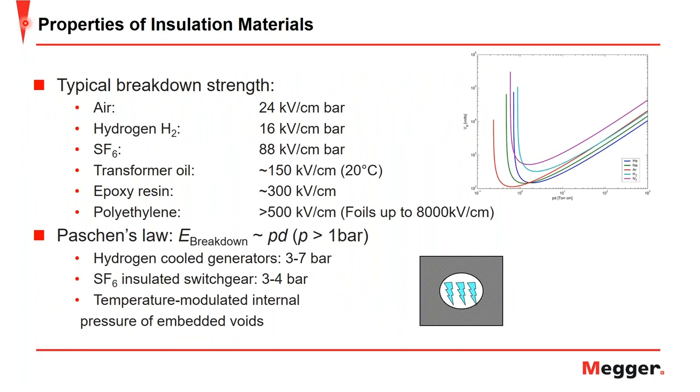So moving into some properties of insulating materials. Here we have a list of typical breakdown strength of different insulating materials. The first one's air, which we had previously discussed briefly. And air is 78% nitrogen, which I mentioned earlier.